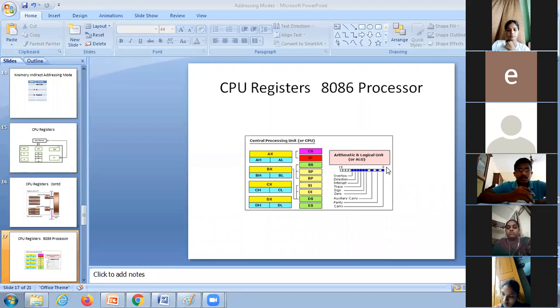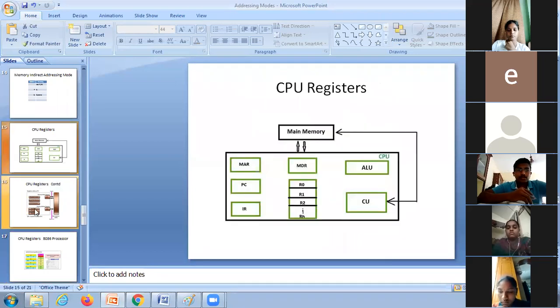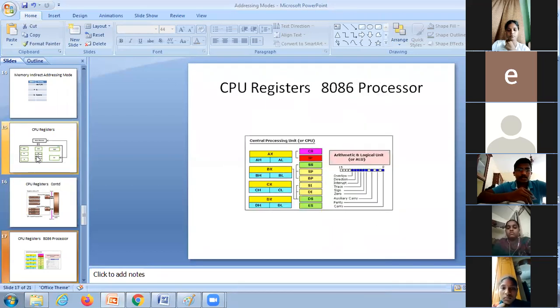Any conditional statement you use in the program requires accessing this register for executing that condition. This is the program status word which plays the major role in programming. I think these are the three different versions of CPU registers. Is it clear to all of you now?